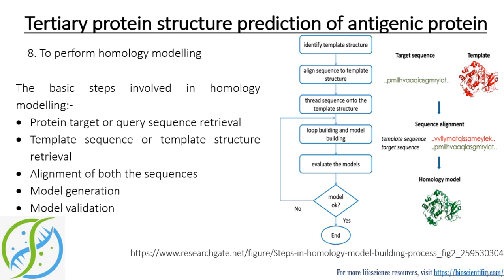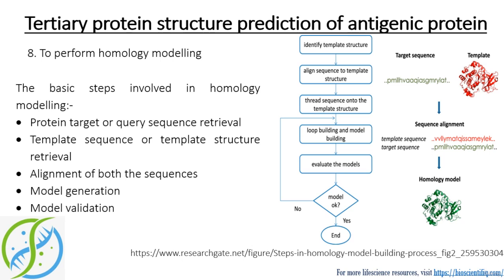Then template sequence or the template structure retrieval has to be done. So we have the target as well as the template sequence retrieved. Now you need to align both the sequences. Then there is model generation and validation. Here you can see in this figure, the step-by-step model where you need to identify, align, then sequence, loop building and evaluate the model.